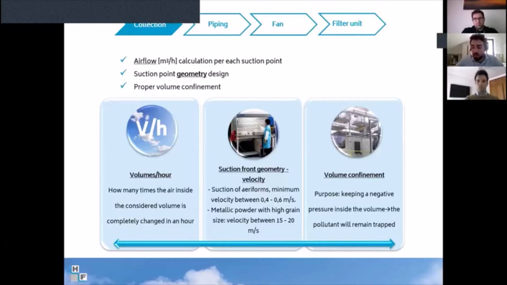If we are not able to guarantee this, we are not sure if the pollutant will be caught or not. And this is an issue because if we are not sure of this, we are not sure that the system will work properly.